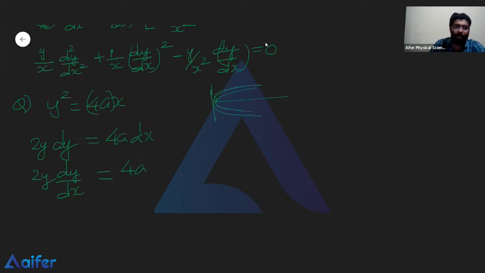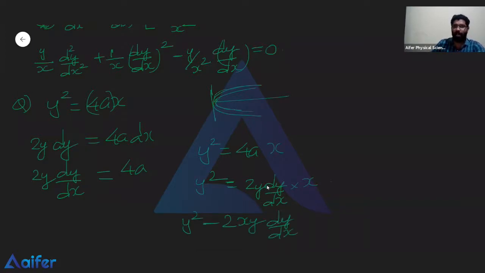So I take that expression again, y square equal to 4a into x, and 4a is nothing but 2y dy by dx. So that will be our solution. So y square minus 2xy dy by dx equal to 0. This represents the differential equation of the parabola.